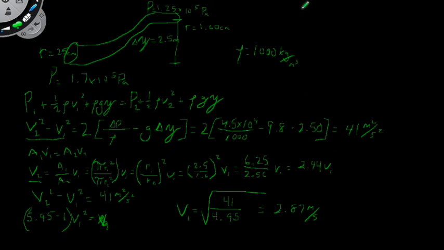Then V2 is going to be equal to 2.44 times 2.87 from V1, and that should be equal to 7.02 meters per second.